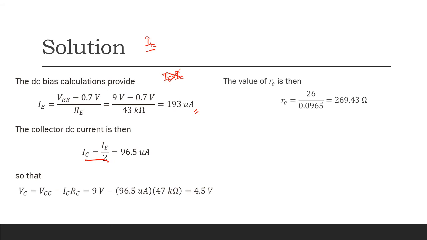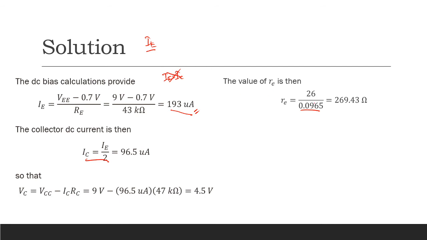Now, since we have the value of IC, to be exact, hindi, sir, bakit po ang ginamit dito is 0.965? Bakit hindi ito? Kasi class, di ba, ang IE na tinutukoy natin dito is the current at the tail of the differential amplifier, not the individual emitter current.